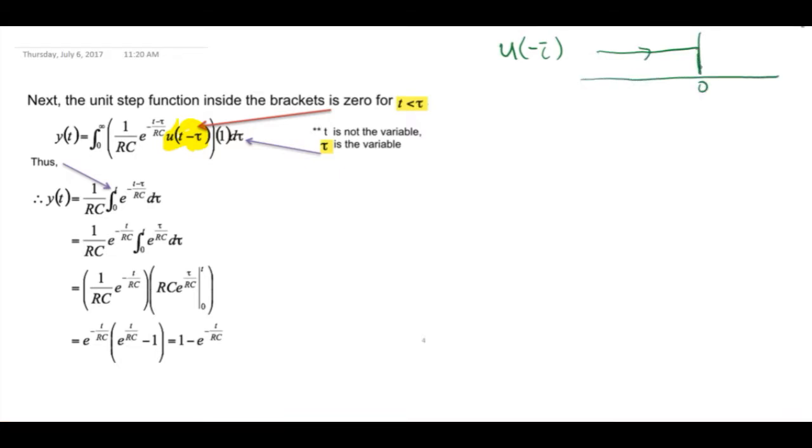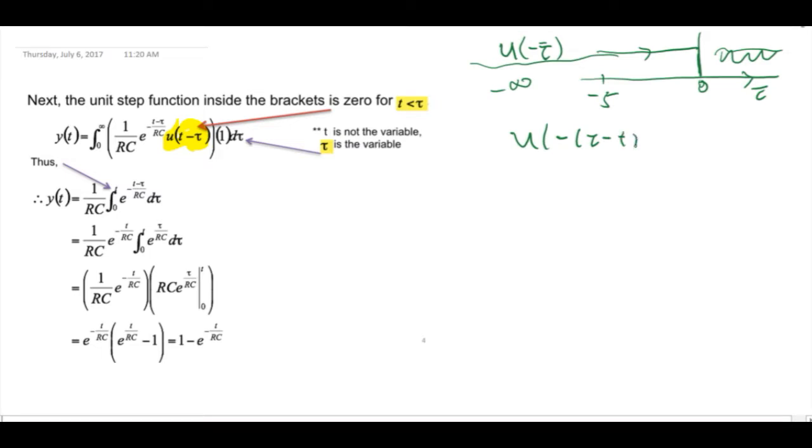It means we flip u(tau) to the negative side, so anything goes from minus infinity to 0. When tau is bigger than 0, it goes to 0. In that sense, we can do a little more. We have u(minus tau minus t), which is equal to u(t minus tau). They are the same.